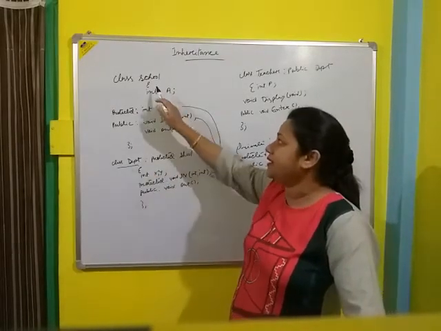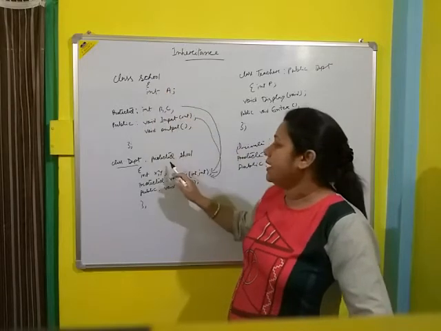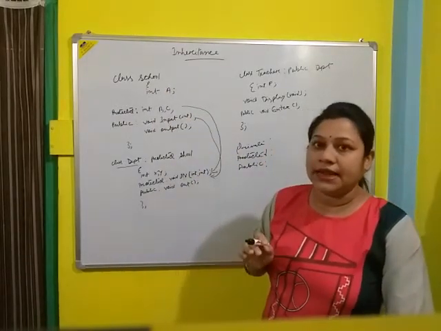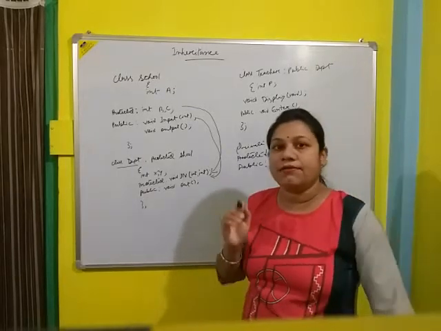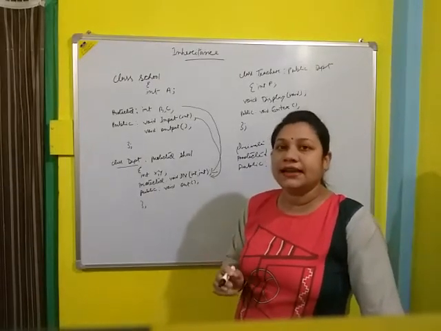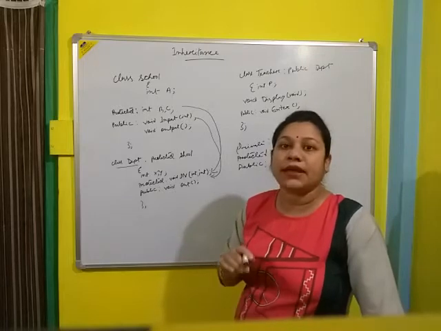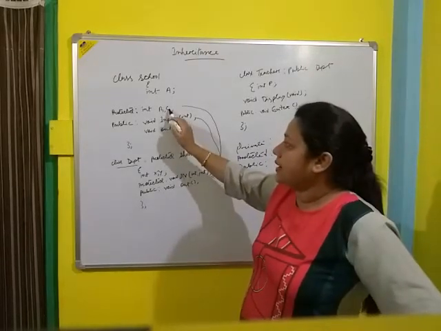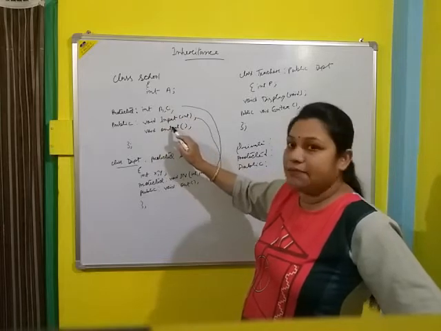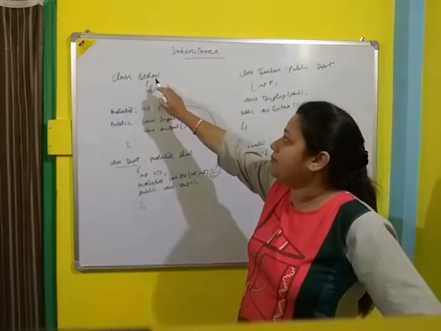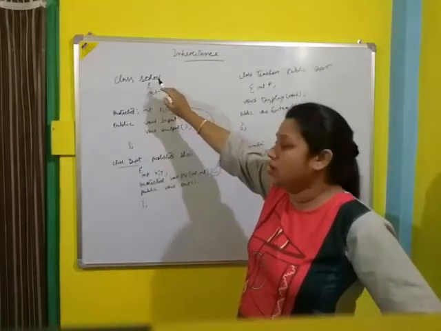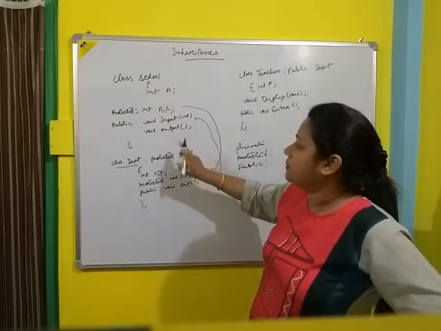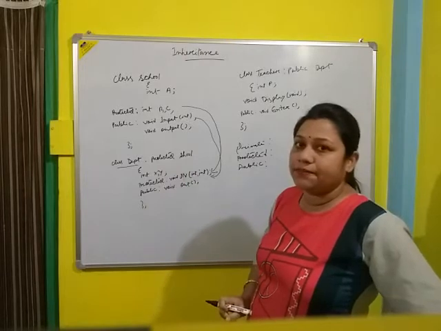But the class department inherits the class school in protected mode. So according to the rule of inheritance, what will happen if a derived class inherits the base class in protected mode? Then all the protected members and the public members of the base class, that is the school, will become the protected members of the derived class.